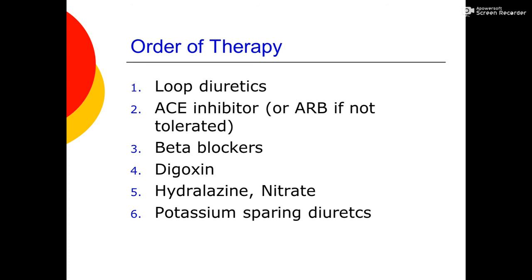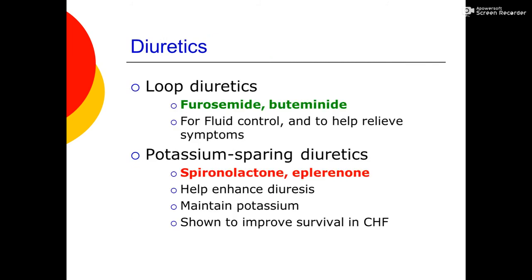The order of therapy is listed here, the top 6: the first choice is loop diuretics, then ACE inhibitors, or ARB if not tolerated, then beta blocker, then digoxin, then hydralazine nitrate, and potassium sparing diuretics.